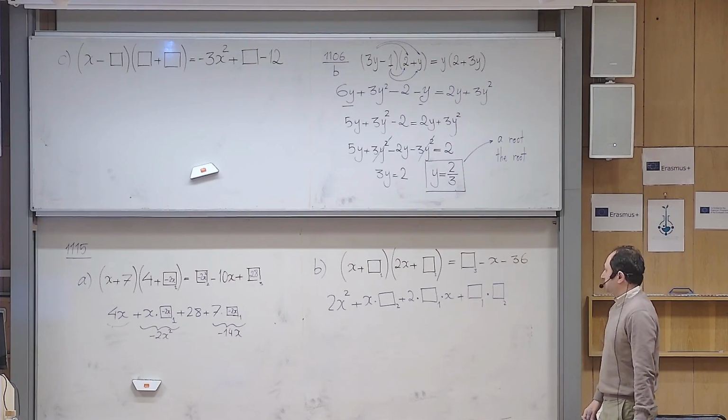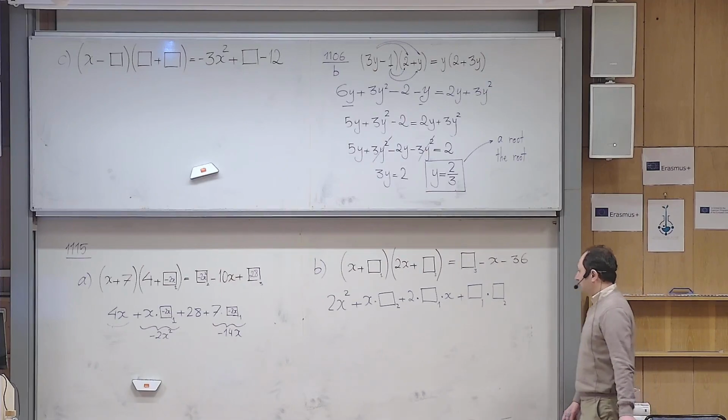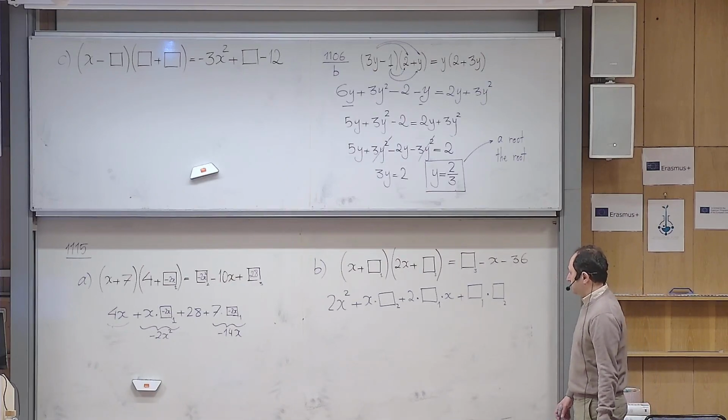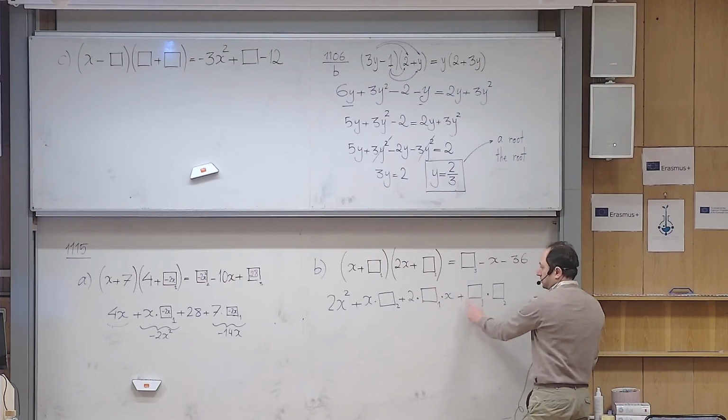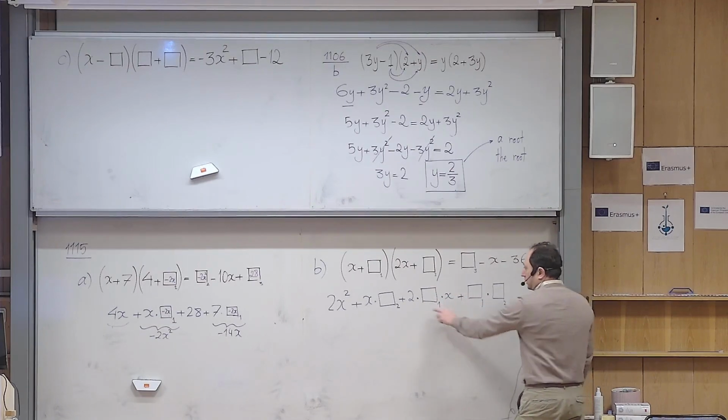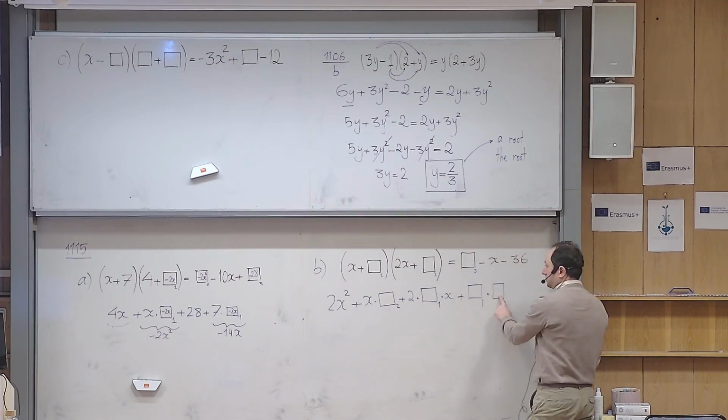Okay, it seems harder. So can you come up with a guess? Because our duty is a little bit harder here. You see, whatever I put here, I have to put the same thing here because these are box number 1. Whatever I put there, I have to put here, box number 2.